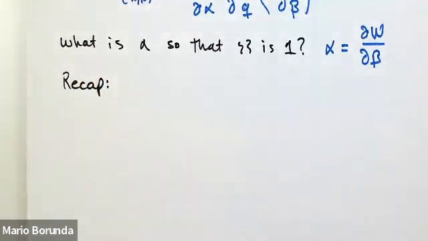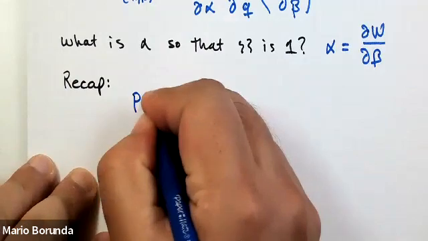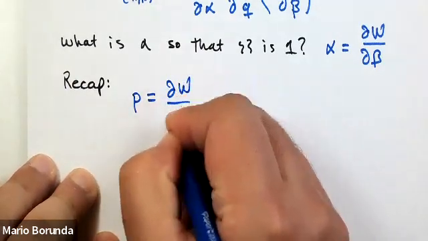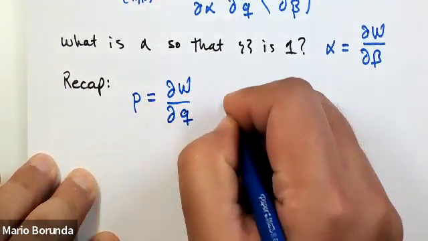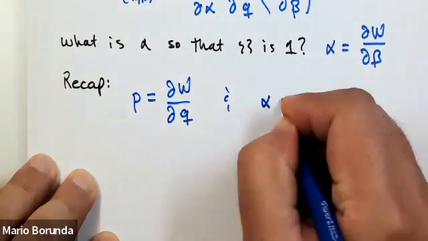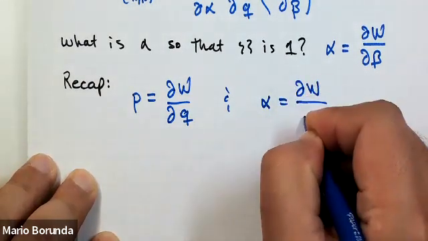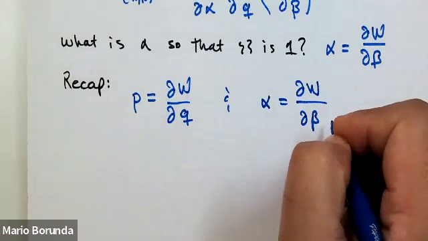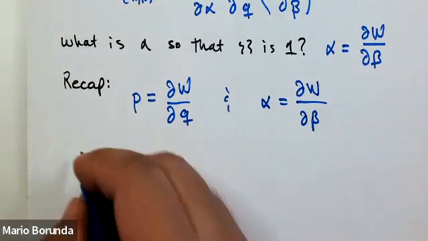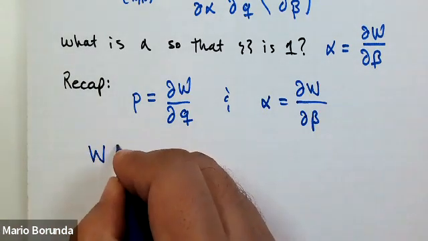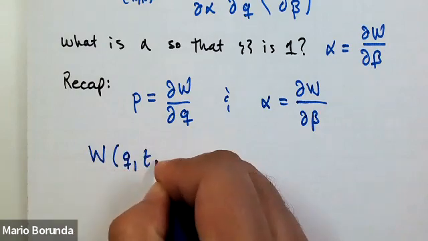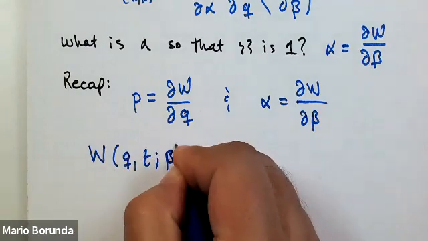So let's recap what we have. We have that P is equal to this guy. And we have that alpha is equal to this guy. And W is this one.